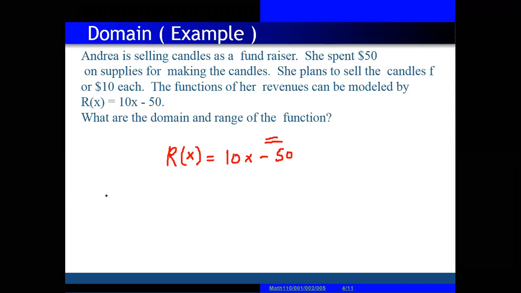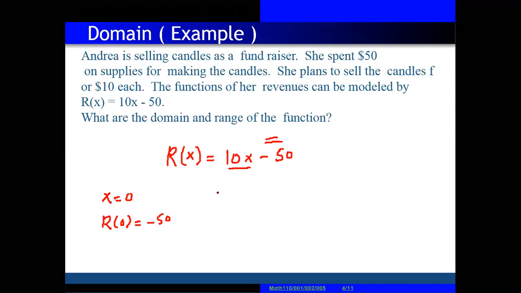For example, if she sells x is equal to 0 candles, what will be the revenue? 10 multiplied by 0 is 0, so we have only minus 50.